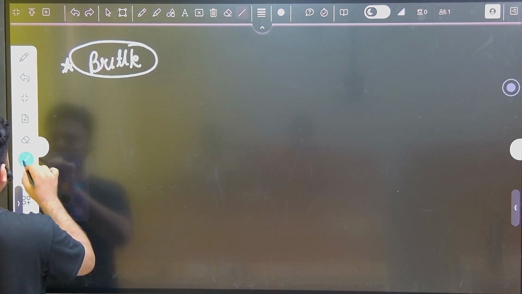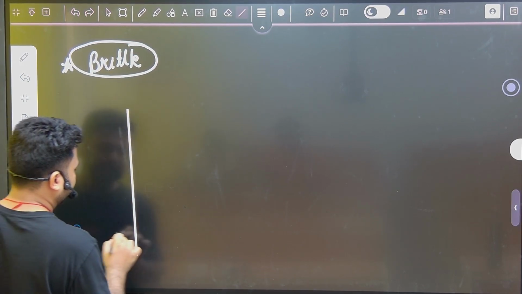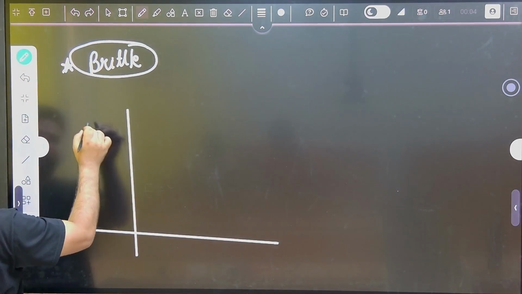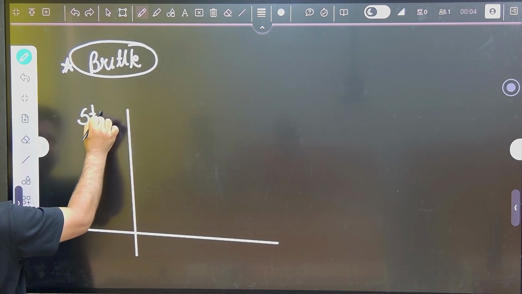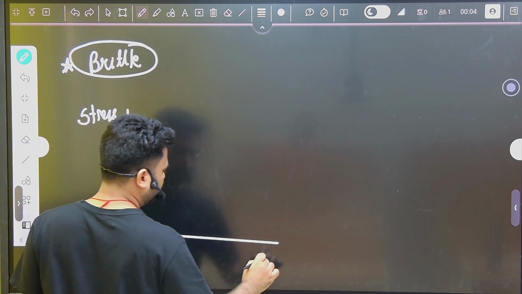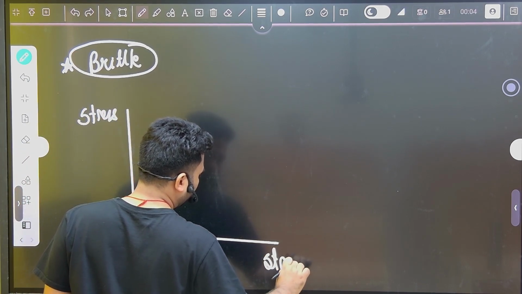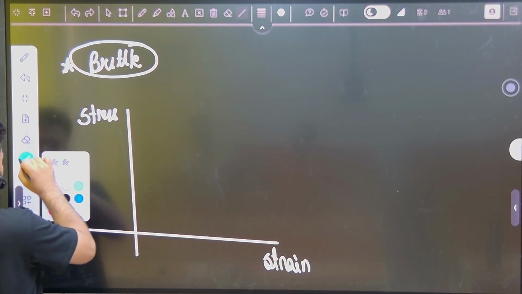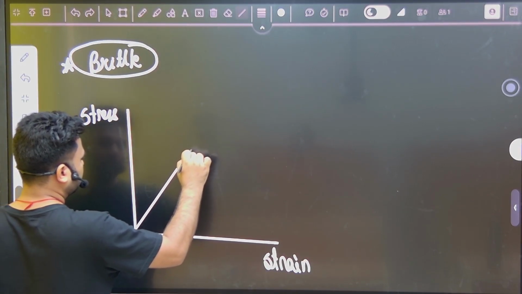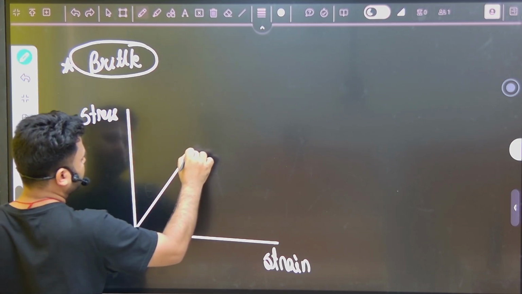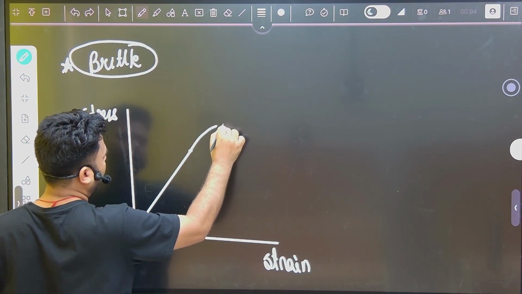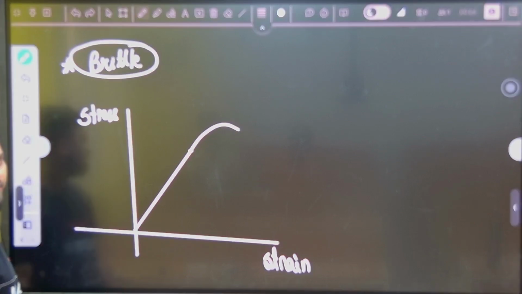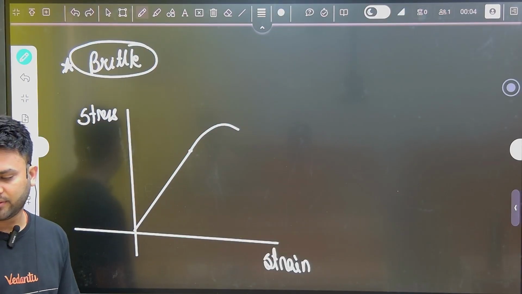So for them, the graph is a little bit simple. This is stress. This is strain. The graph is like this. Okay, fine.